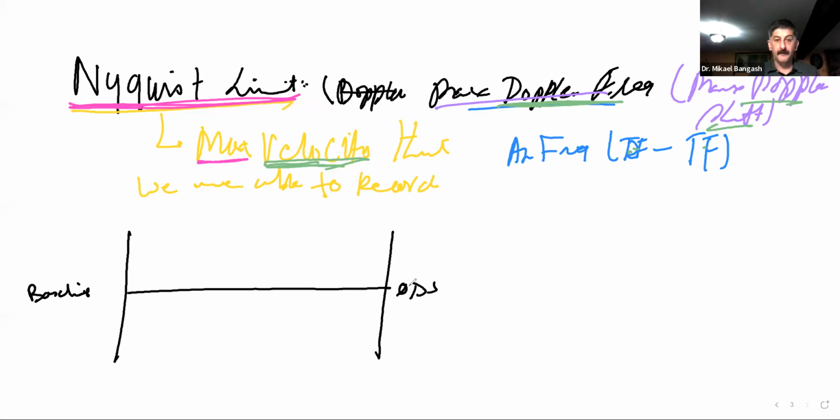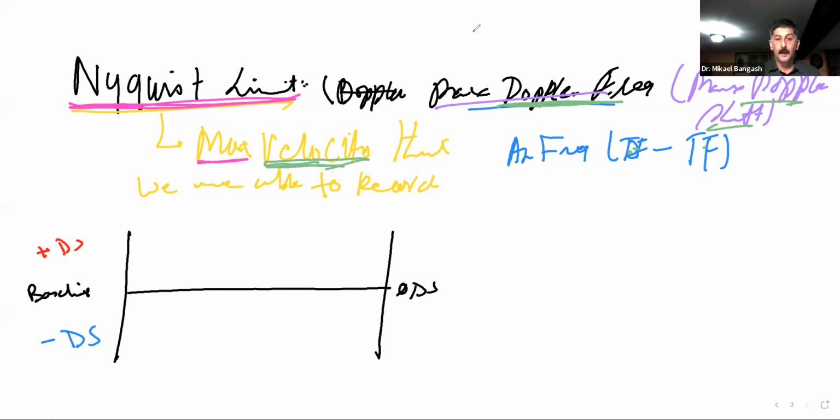Where we said that ideally, anything above the baseline is going to be positive Doppler shifts, and below the baseline will be, sorry, negative Doppler shifts. Did that make sense?